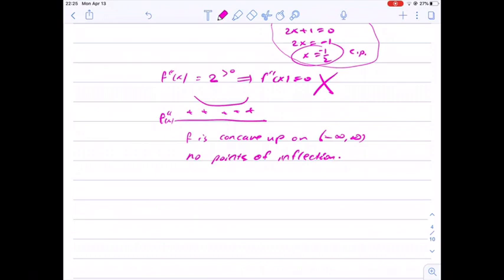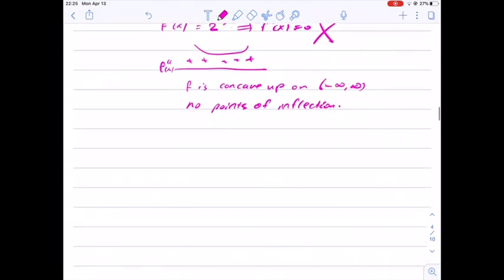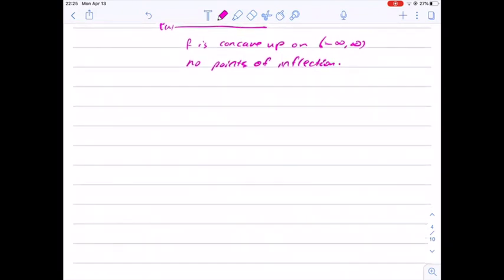Now let's take another example, but that example is an application. So we will talk about inflation.